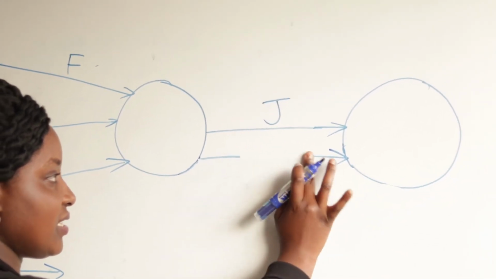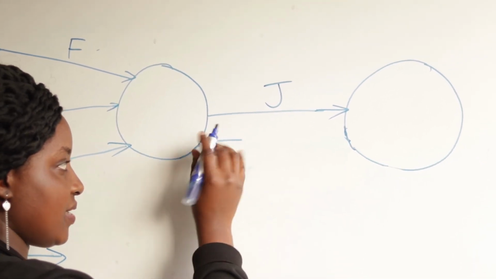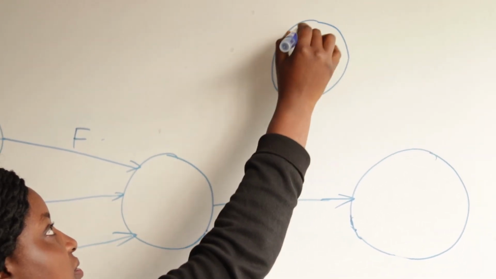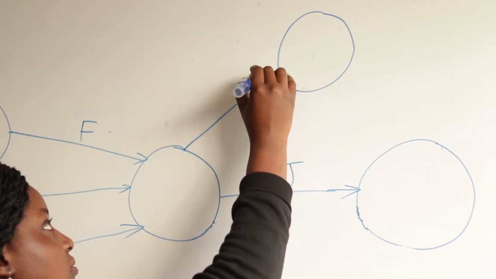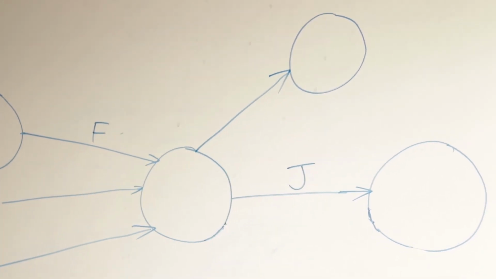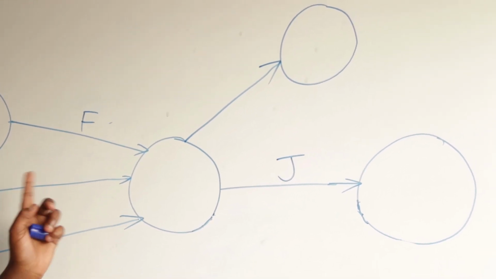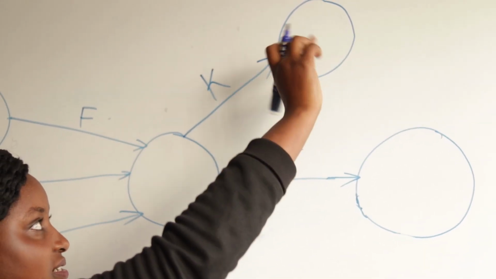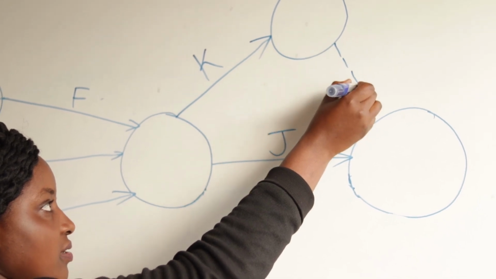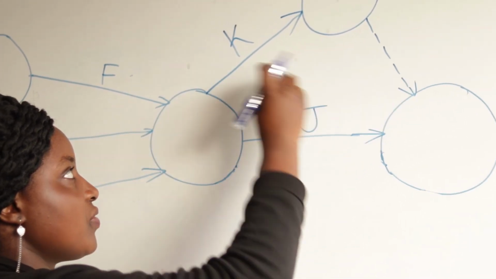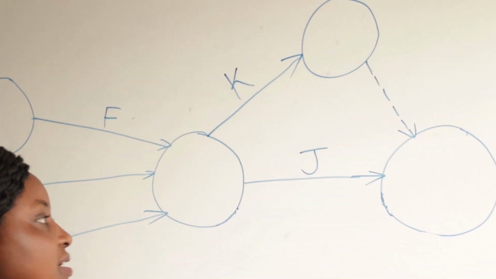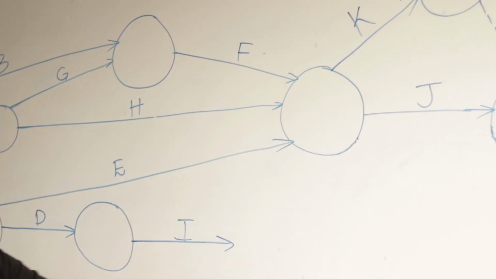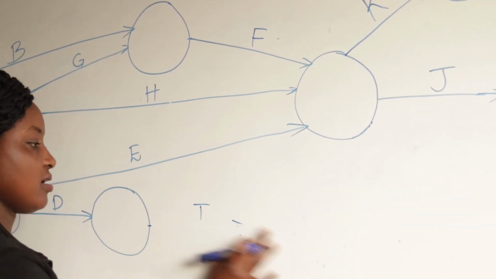So in this case, we'll create a dummy. This is where now our dummy activity comes in. So we'll have a third node. Then our K will go that way, showing that it has come from E, F, and H. Then since we can't have another straight line, that's where we have our dummy line, showing that this is still K. And then the remaining one, which is I, which is also hanging, we also redirect it to the last node.